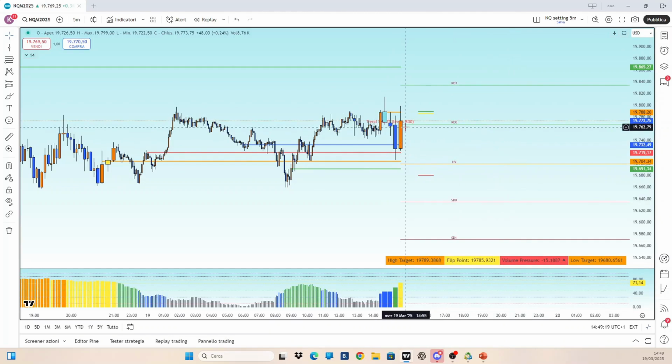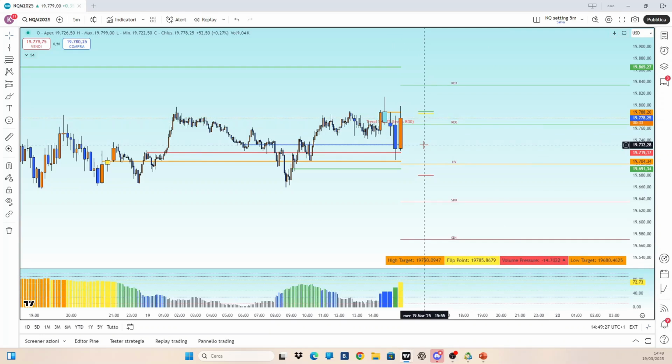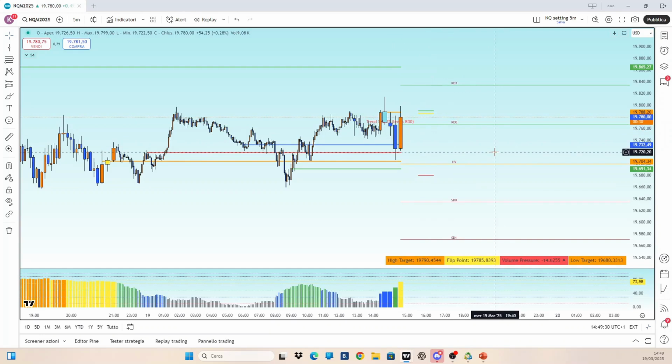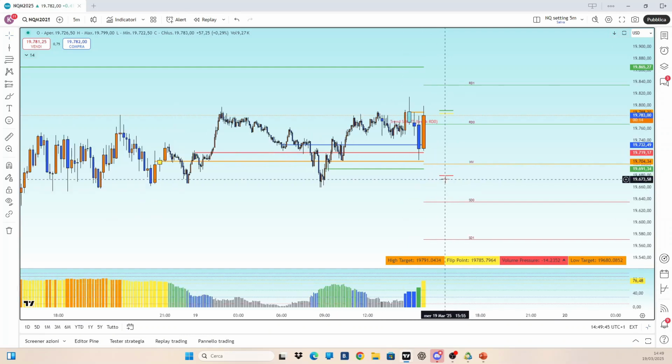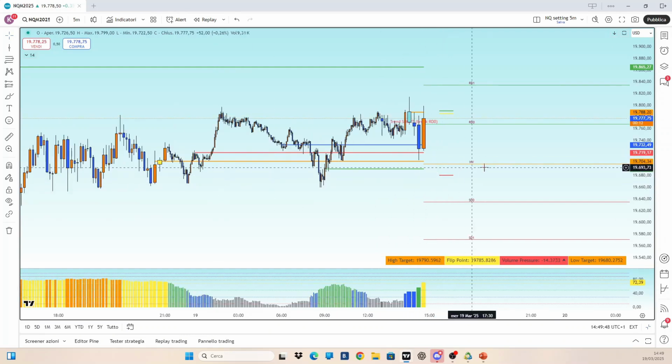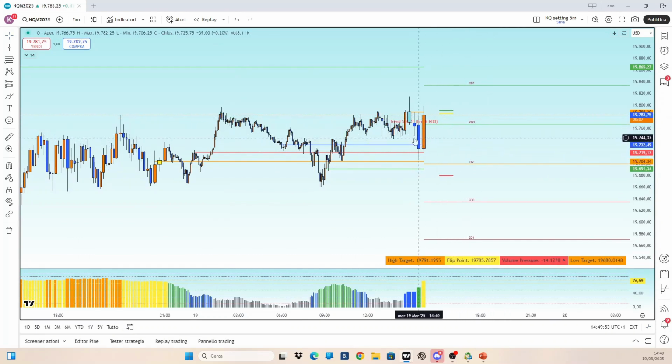The piece that spiked is coming back down. Nothing new is happening at this particular moment.